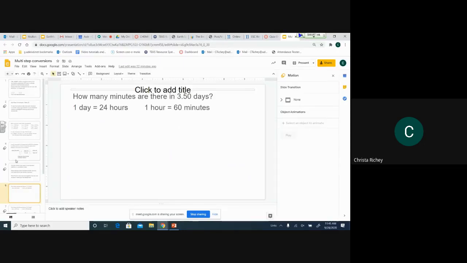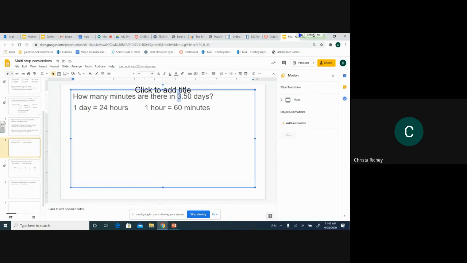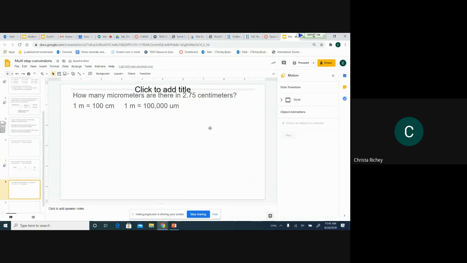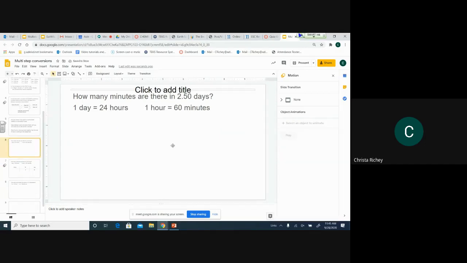Yours is different? Here, I'll fix it. That's no problem. Is the other one 2.75 centimeters? Doesn't matter, because it's still going to be the same process. I just had a different number than what I put on your paper.